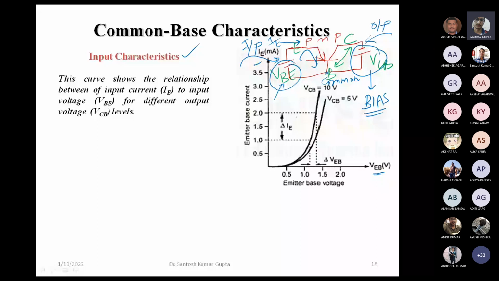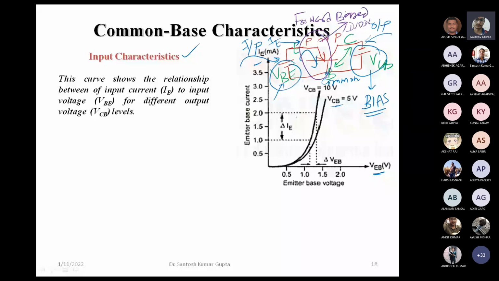Okay, so for a fixed value of VCB, one can draw a curve here. By changing the VEB, the current IE is going to change, and because this is just like a forward biased diode, the characteristic also looks like a diode characteristic.